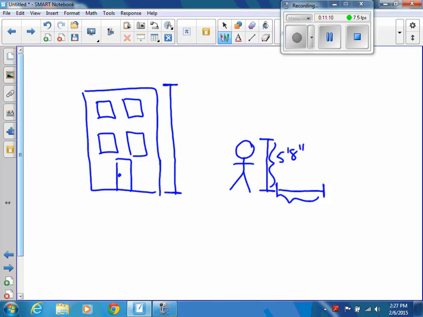And maybe my shadow was 2'3". And I know then the shadow of the building was a certain length. Maybe we'll make this 5 feet 10 inches. Then I could figure out what the height of the building is here, because I could set up the proportion. Okay?